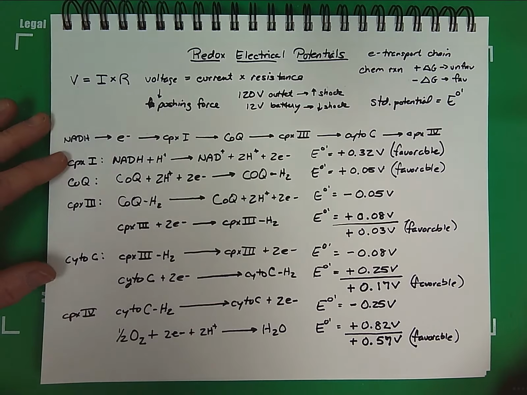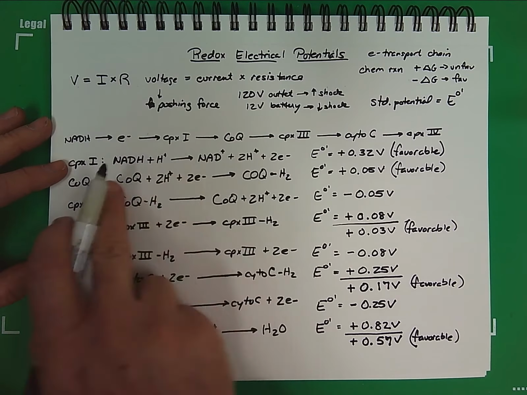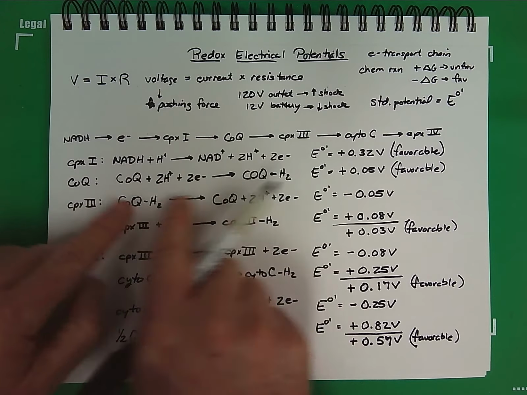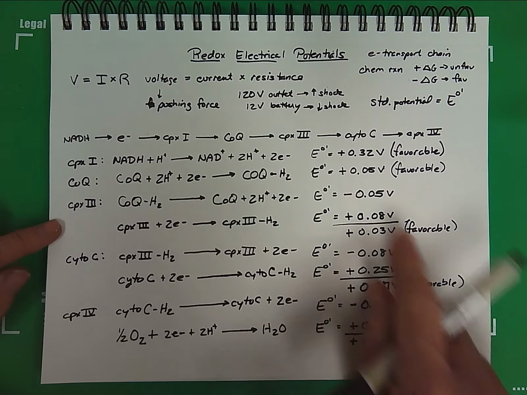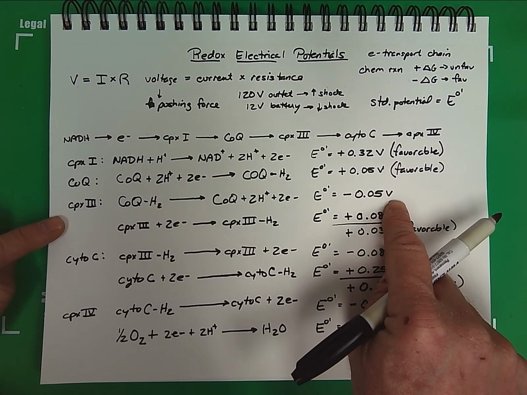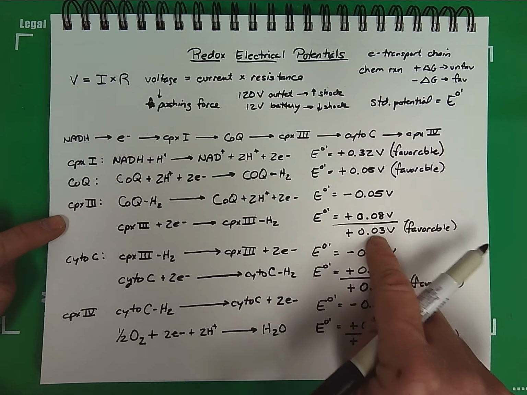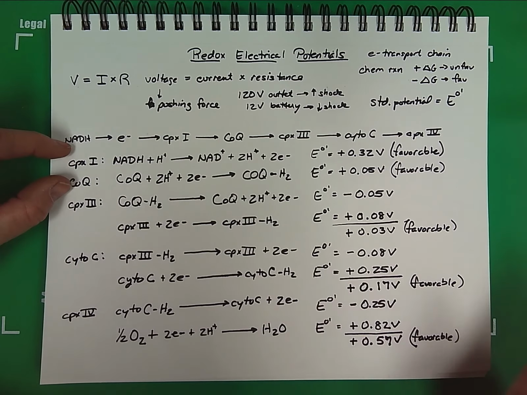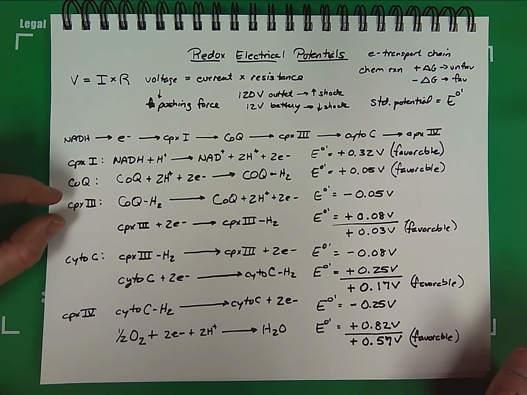So the important take-home message of this here is to look at the redox reactions written in their proper sequence and then write out the standard potential for each of the reactions, add them up, and determine if the movement of electrons from each of the complexes or electron carriers to the subsequent carrier is favorable or not.